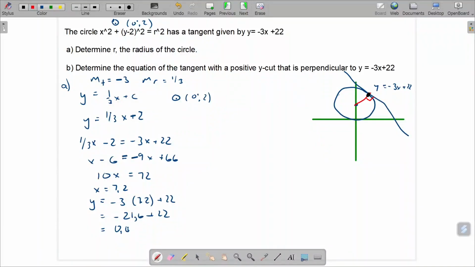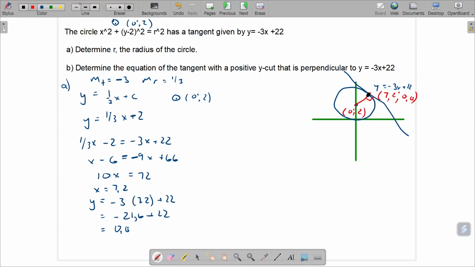Okay, so what we now have is a point over here that is at (7.2, 0.4), and we've got the point here, which is at (0, 2).